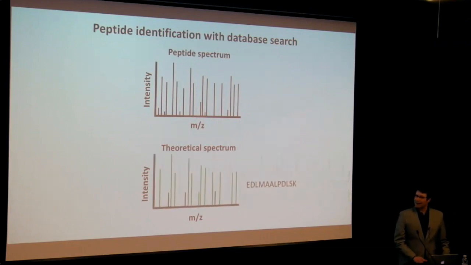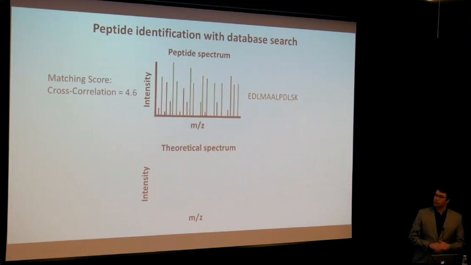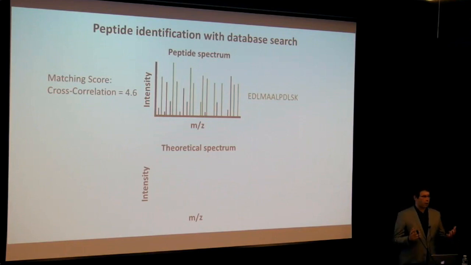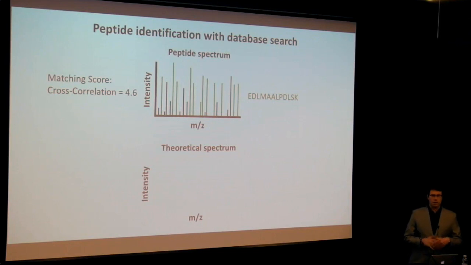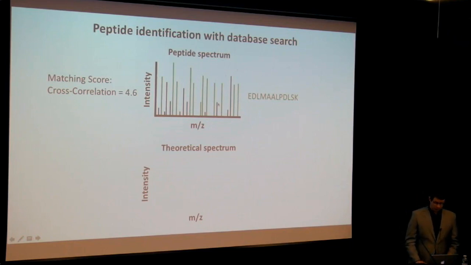There you go. And we'll have here, let's say, a much better match between the theoretical and the acquired spectrum. And what happens here is we'll get a high cross-correlation score, and the database search algorithm will actually report the peptide associated to the theoretical spectra as the one that represents the spectra that was acquired.